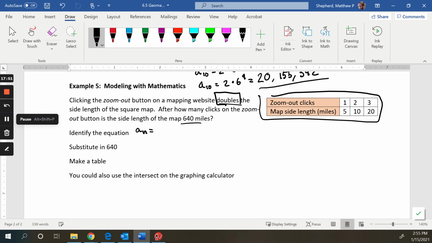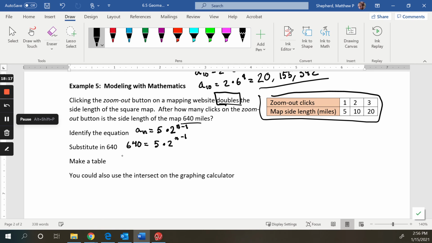A of n, our first term is 5. We are multiplying by 2 because it's doubling. So n minus 1 times. Now we want to substitute in 640. So then we get 5 times 2 to the power of n minus 1.